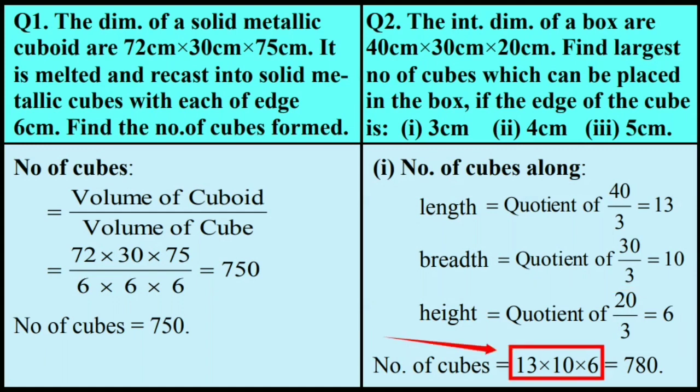Now the total number of cubes that can fit in the box is equal to 13, the number of cubes along its length, multiplied by 10, the number along its breadth, multiplied by 6, the number along the height of the box. Finally, the answer of this product is 780 and it represents the number of cubes that can fit in the box.